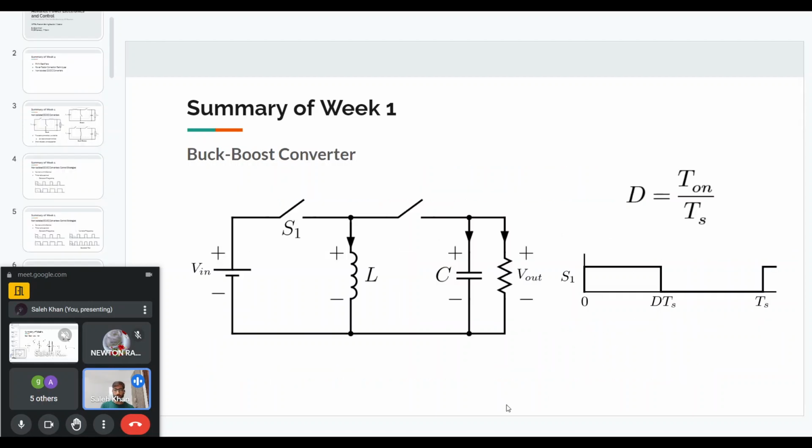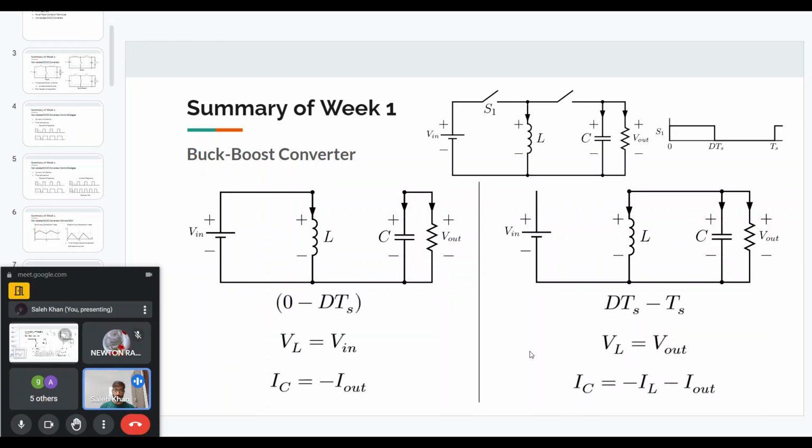Then I talked about an example of a buck-boost converter. This is a basic example where you can see, in the DTS interval and in the (1 minus D)TS interval, what happens to the inductor voltage and the capacitor current.